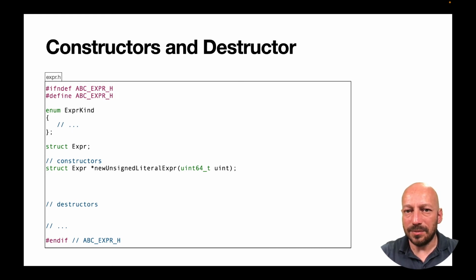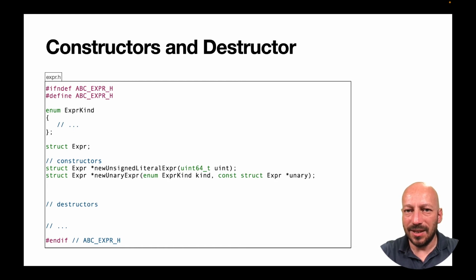Then we have another constructor for unary expressions, which first receives an expression kind. And of course, this constructor should check whether this is actually a kind for a unary expression. And it also should check that this second parameter is not the null pointer. It should be a pointer to an already existing child node.